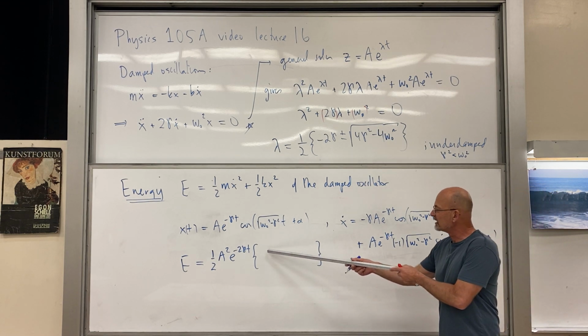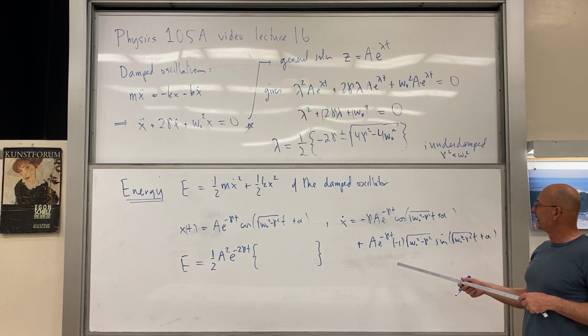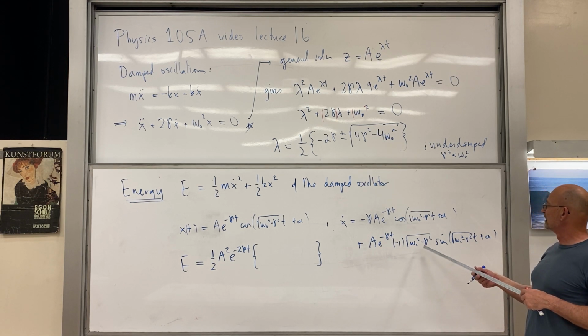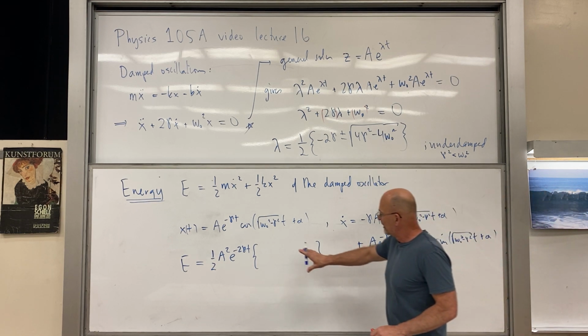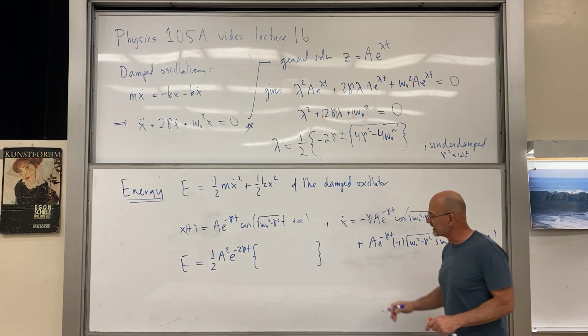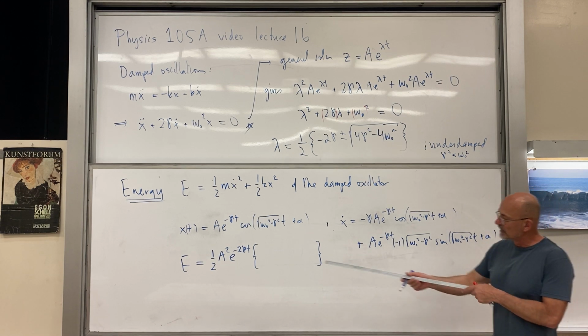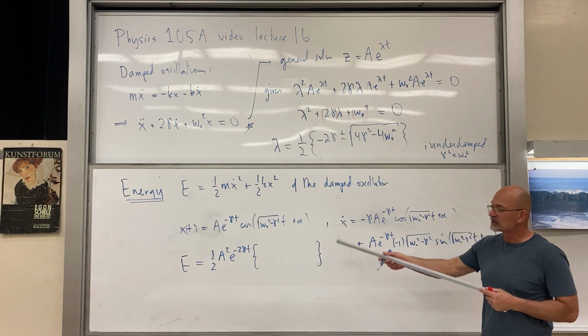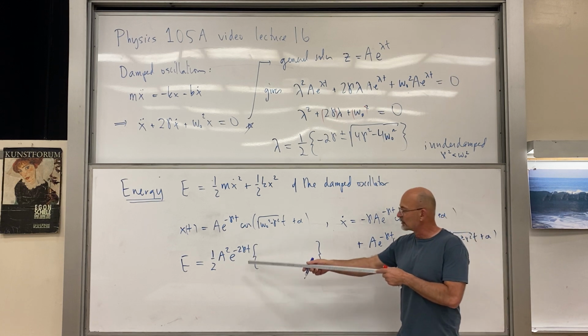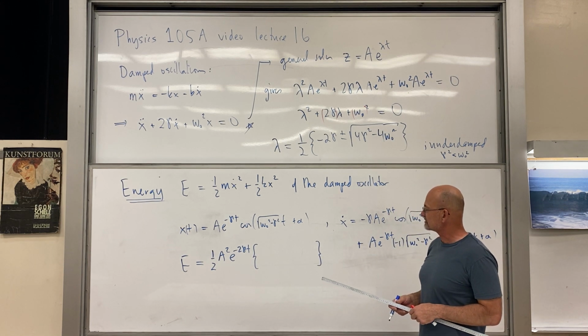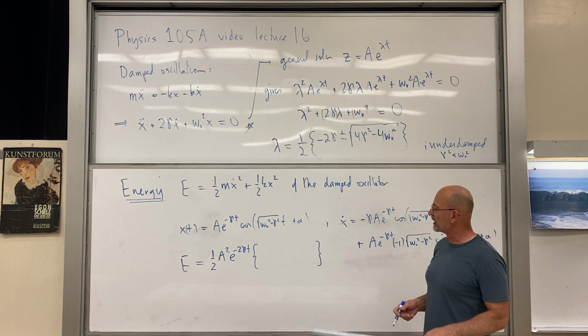So this proportionality is good. It gets complicated stuff, okay? Of course, again, in the limit as gamma goes to 0, the whole thing just turns into 1/2 k a squared.